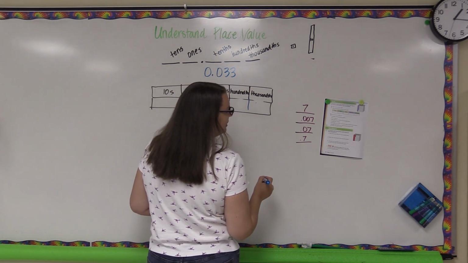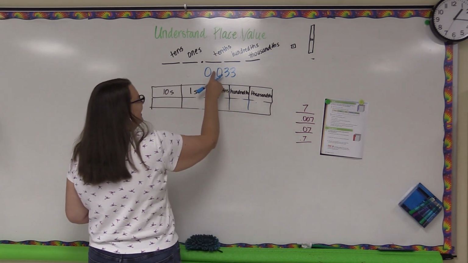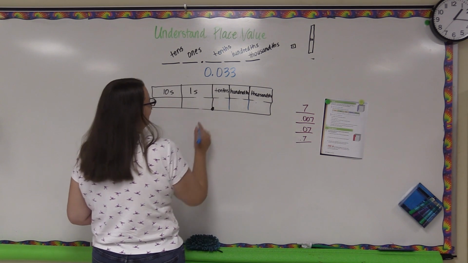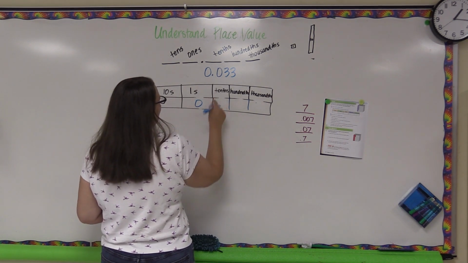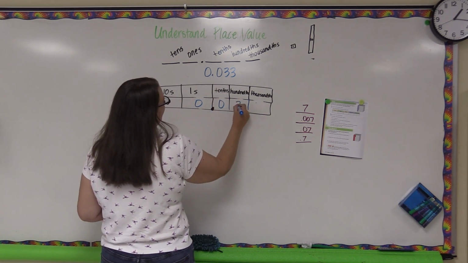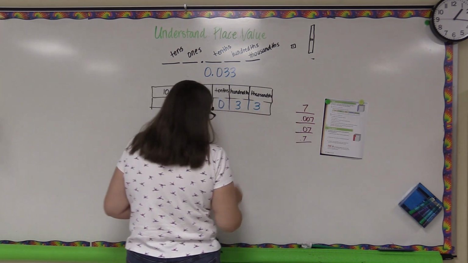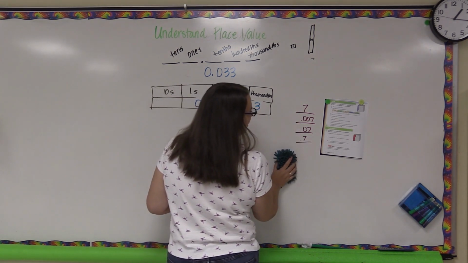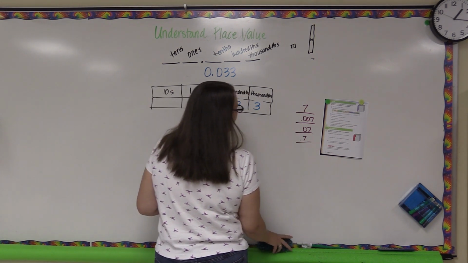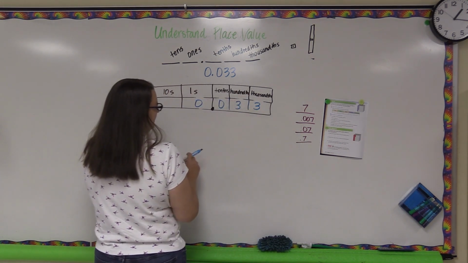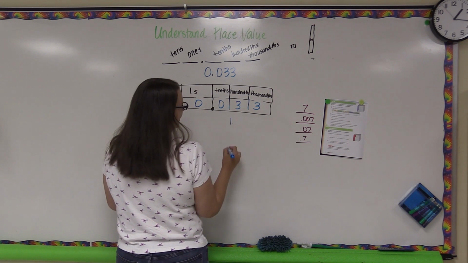What is the value of the 3 in the hundredths place? Well, let's take this and put it in here. So 0 goes here, a 0 here, a 3 here, and a 3 here. Your first question says, what is the value of the 3 in the hundredths place? Here are our answers down here. There's number 1.